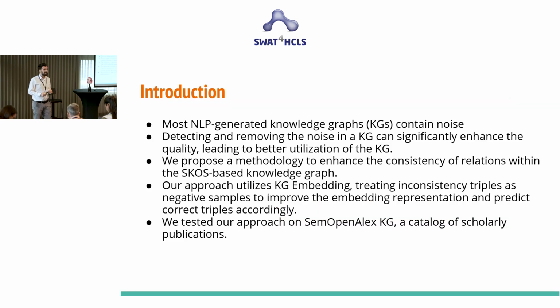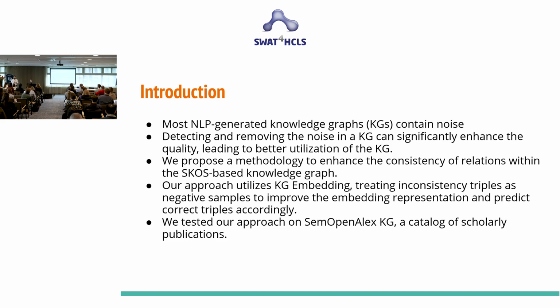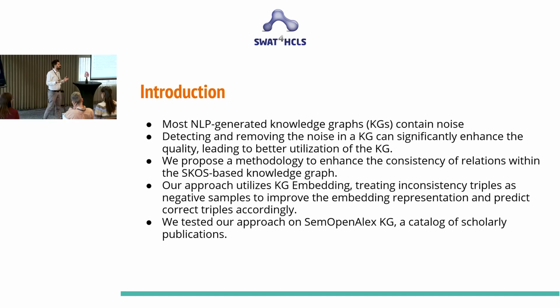So I will just start, maybe summarize what we have done so far. Most of these knowledge graphs, especially automatically generated ones, if they use NLP, usually contain some kind of noise. The idea is basically detecting this noise and trying to remove it or improve the quality and make a better knowledge graph for the downstream task.